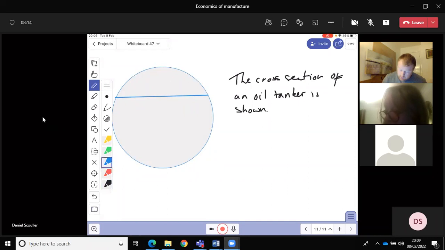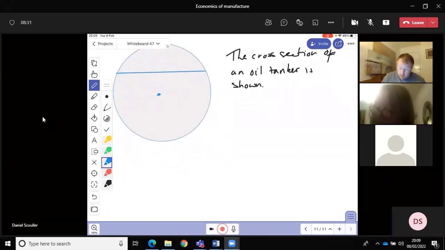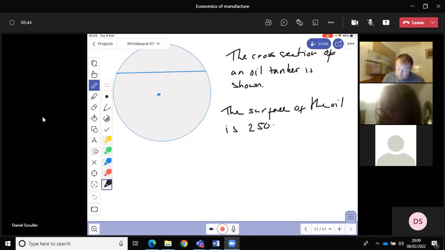So that circle with the chord across it is a cross section of the oil tanker. That chord is actually showing the level of the oil inside the tanker. If you imagine cutting right through an oil tanker, that's what's shown. The surface of the oil is 250 centimeters.